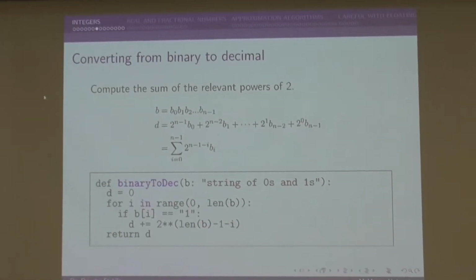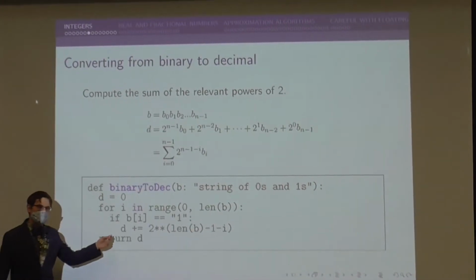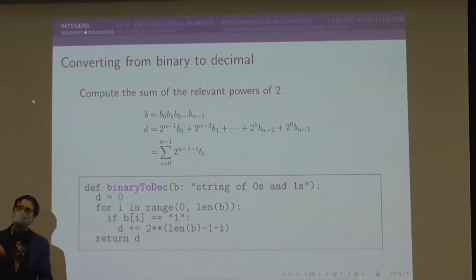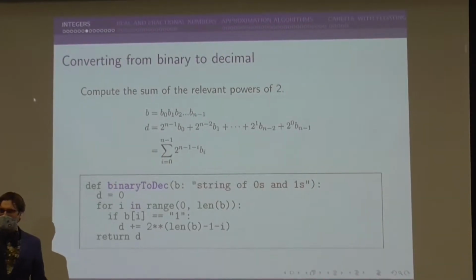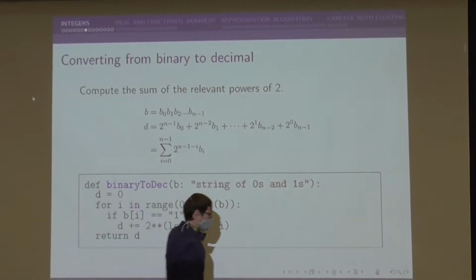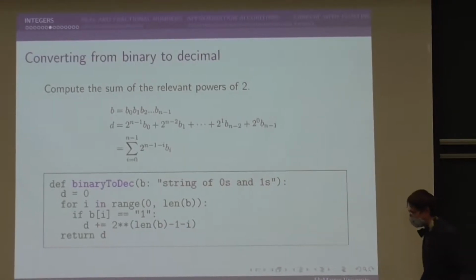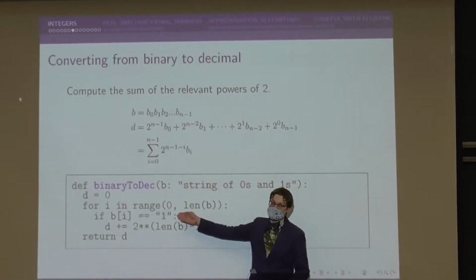One difference: rather than extracting the digit and converting that to an integer and then multiplying by it, because it's binary, it's either 1 or it's 0. You can just test to see if it's 1.